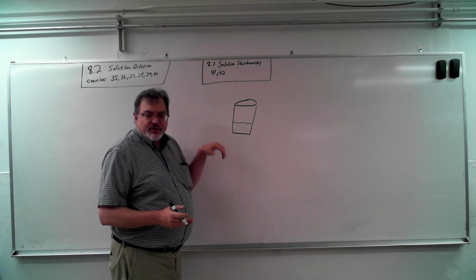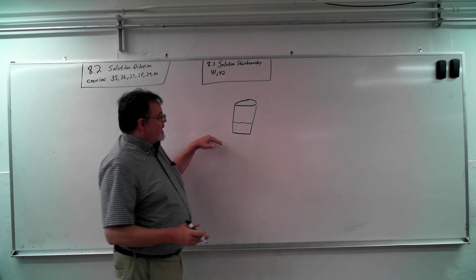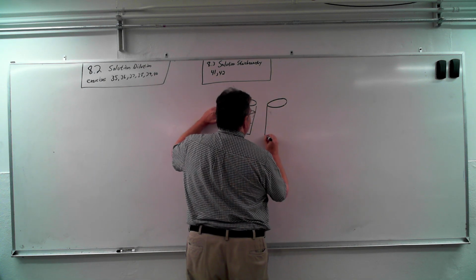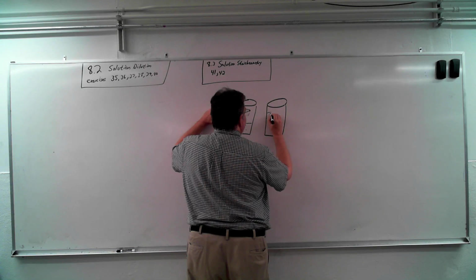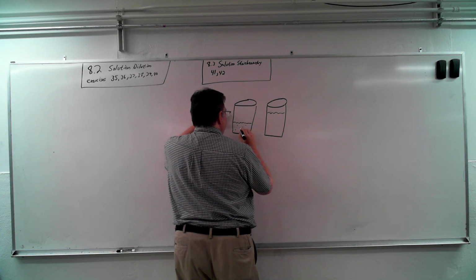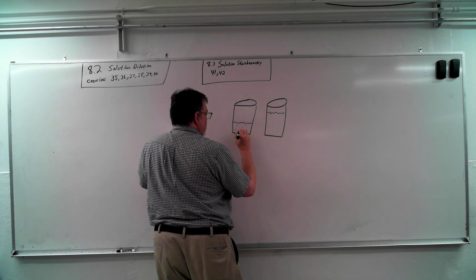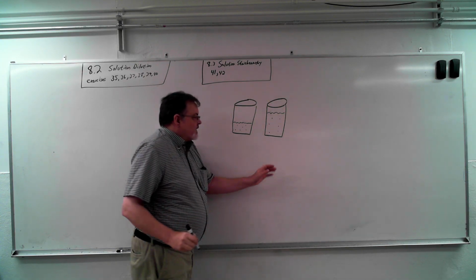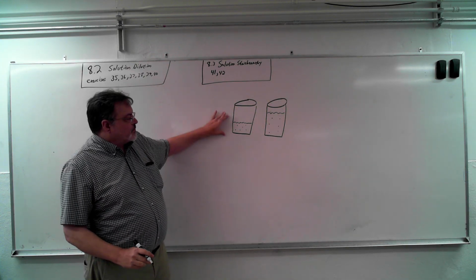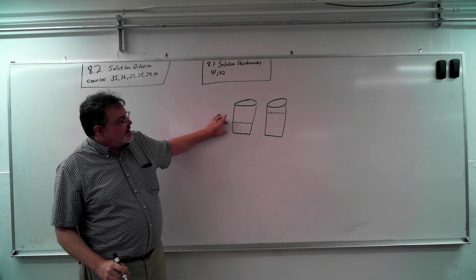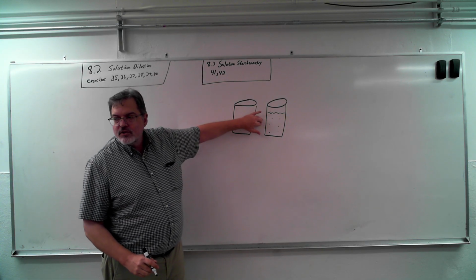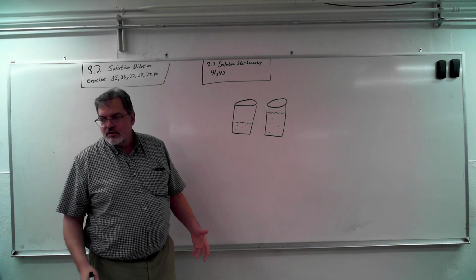If I add pure solvent, which is usually water, and I filled it up some, and now it's more volume, but I've still got 1, 2, 3, 4, 6. So this is more dilute than this. This is more concentrated. And you can achieve that just by pouring the pure solvent in, and then you get a less concentrated solution. That's a dilution.